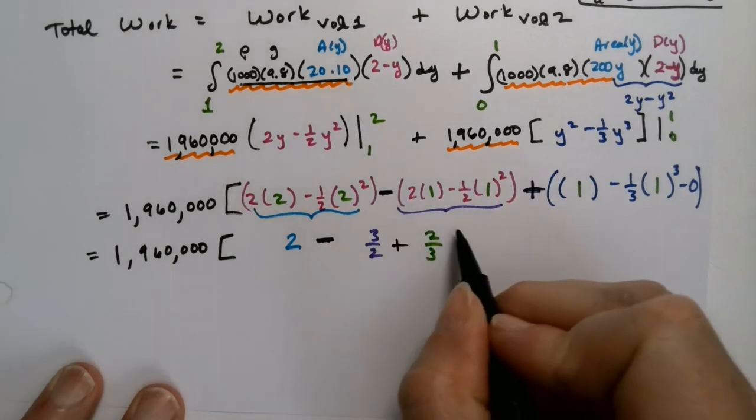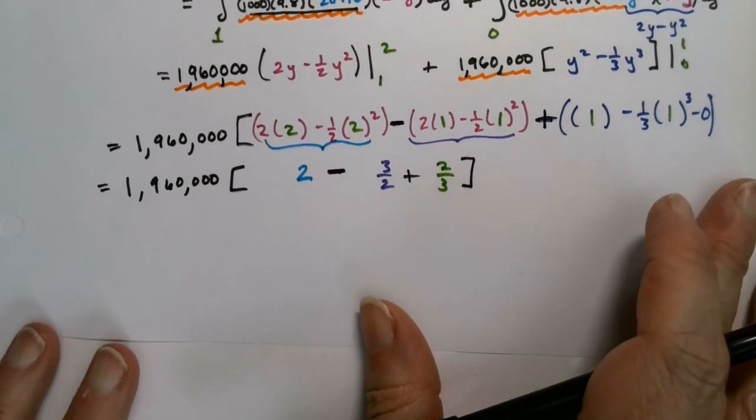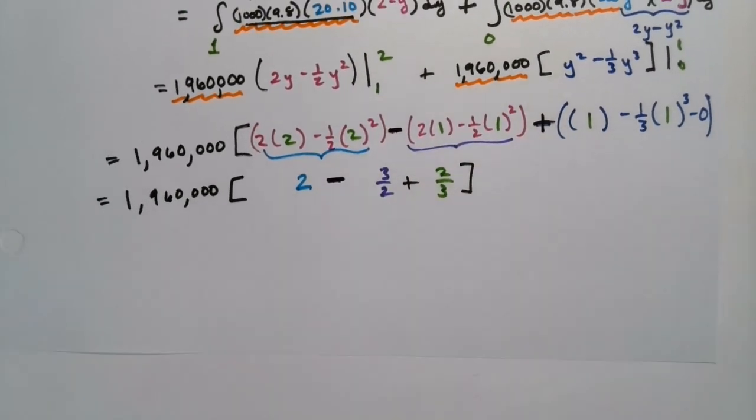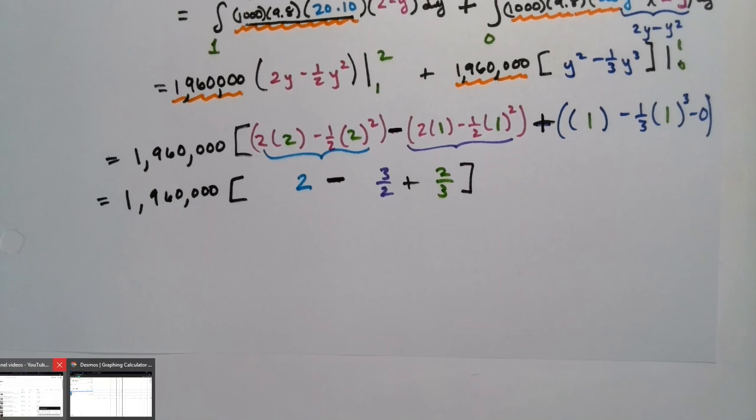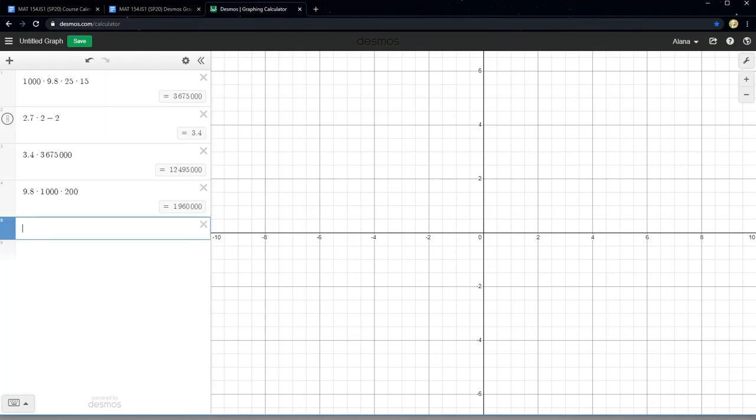There we go. Yes, I know I could use Desmos, but I mean, why bother? Well, I'm going to use Desmos for the last bit because, you know, I want to do that. All right, so 1,960,000 times 2 minus 3/2 plus 2/3. There you go. So it's 2,286,667 joules.